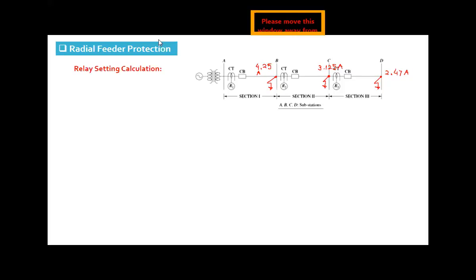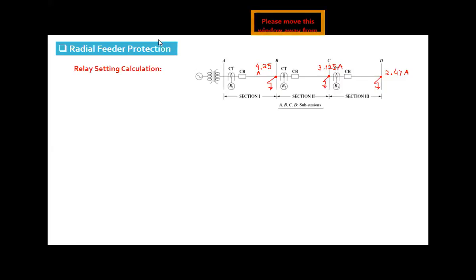We have a TMS range from 0 to 1. Select the minimum possible time setting for relay R3. 0 we cannot select; 0 means instantaneous. The minimum is 0.1. I have said in the lecture that there is a thumb rule. Thumb rule means you don't have to remember anything.